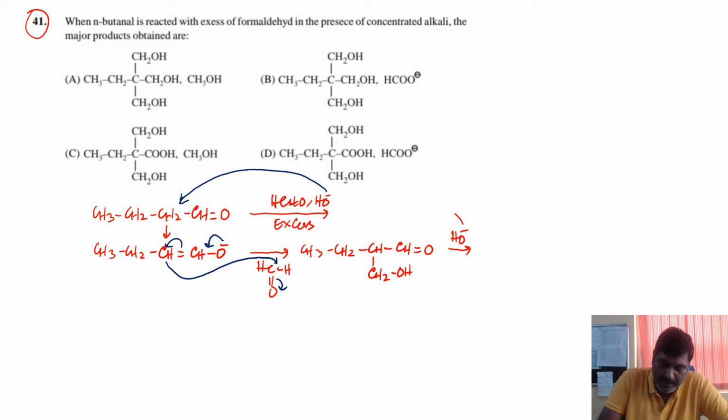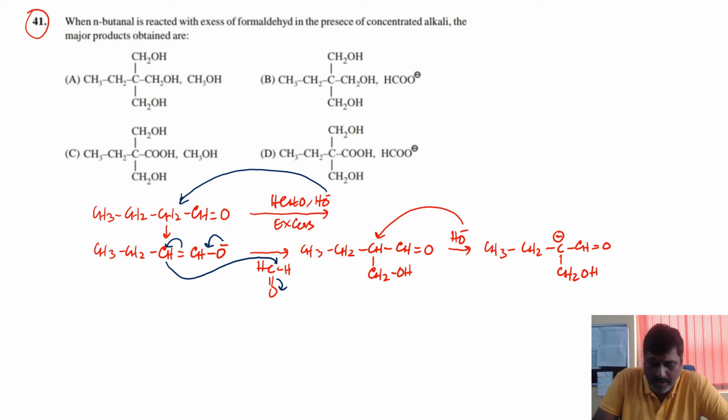HO minus is attacking again, that will form carbanion, right. So you will be getting now CH3 CH2 C minus, in there the CH double bond O, in there the CH2OH. I could have written here that double bond CHO minus, but one thing, this is the place where the dehydration takes place through even E1cB path.